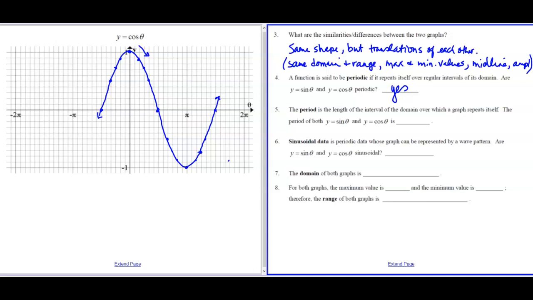All the same. As I just mentioned, the period is the length of that cycle, okay, that interval that does repeat. And so that's going to be 2 pi, or 360 degrees. Midline amplitude.